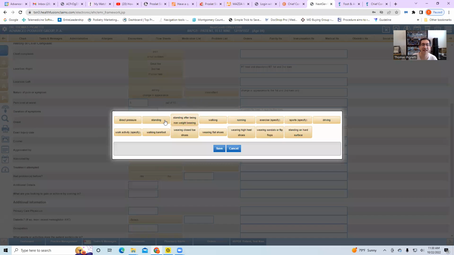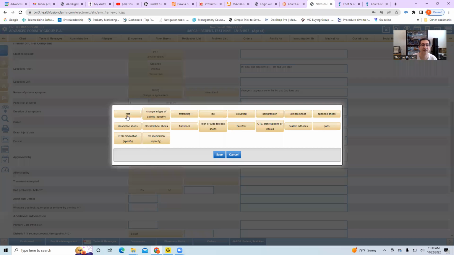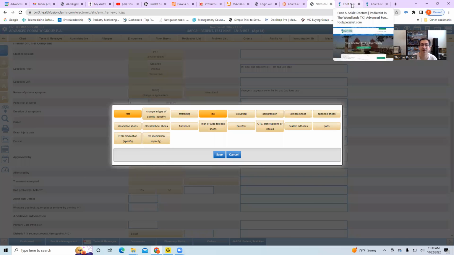So over here, I would say that it's standing after weight bearing, after non-weight bearing, that it's associated with running, and then when walking barefoot. So specified that. It's alleviated by, I said it was alleviated by rest. I also believe I said it was alleviated by ice.